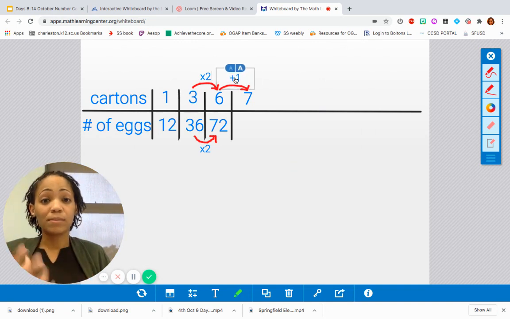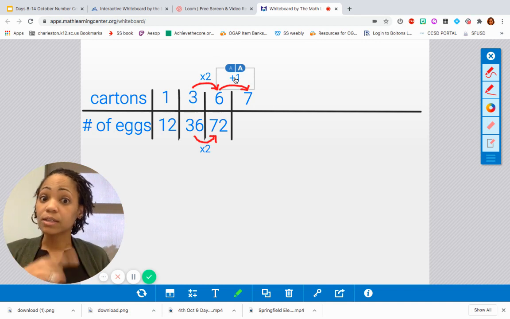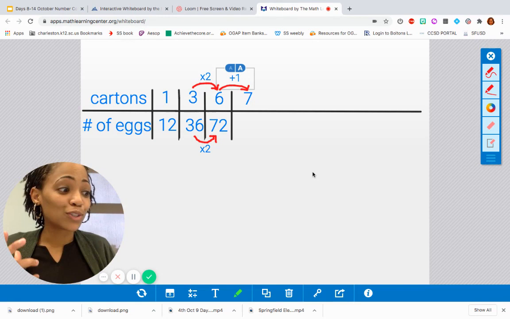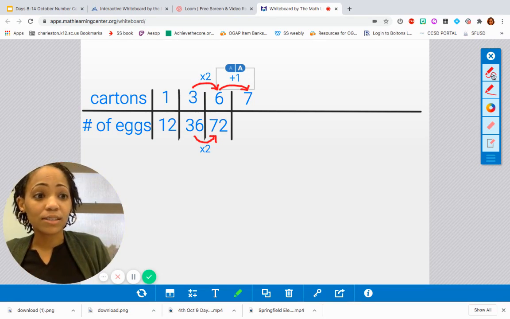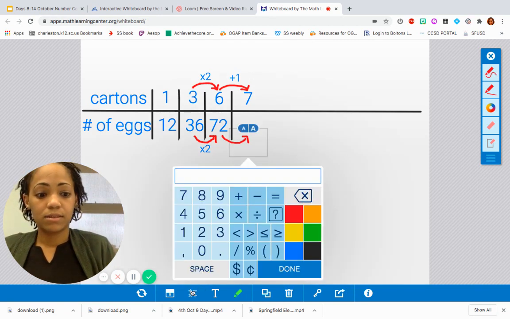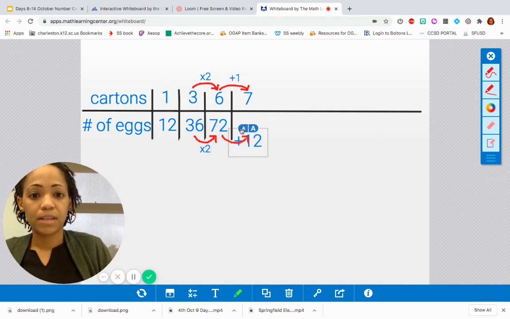When I'm talking about 1, I'm talking about 1 carton. I added 1 carton, but how many eggs are in each carton? Right, there are 12 eggs in each carton, which means if I'm adding 1 carton, I'm really adding 12 eggs. So what is 72 plus 12?